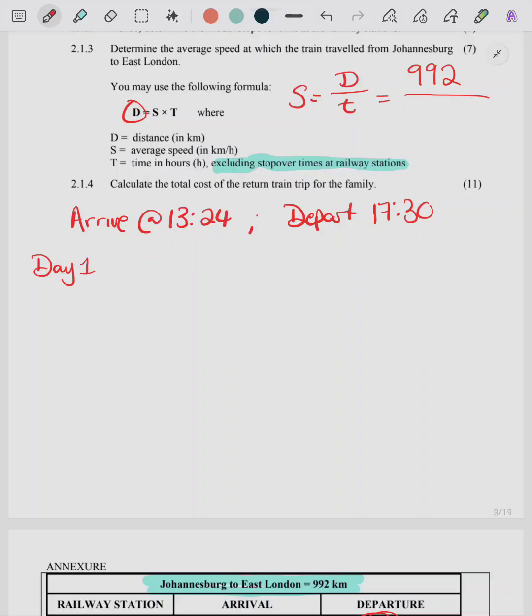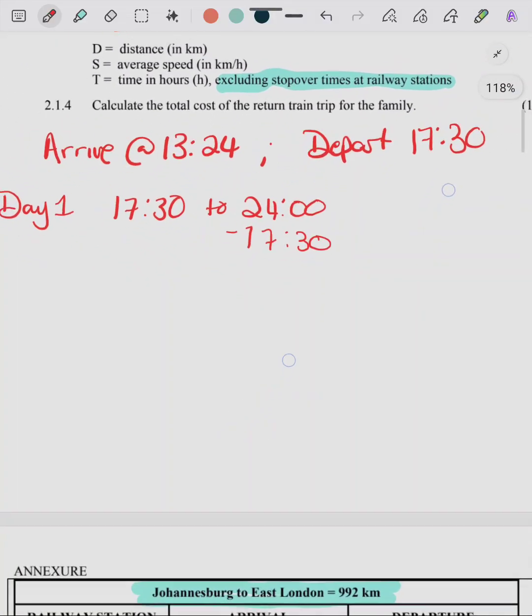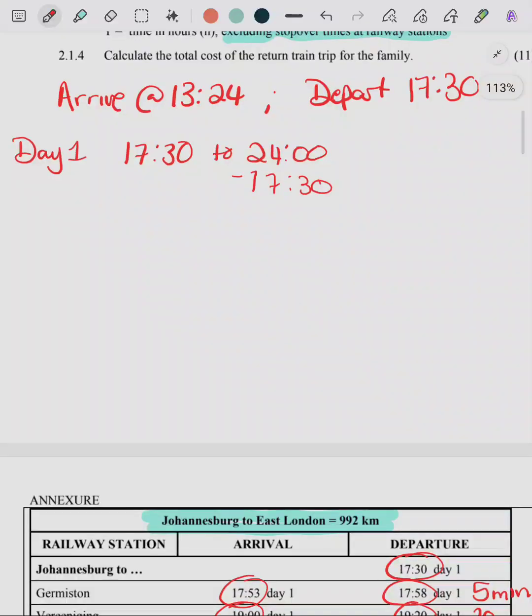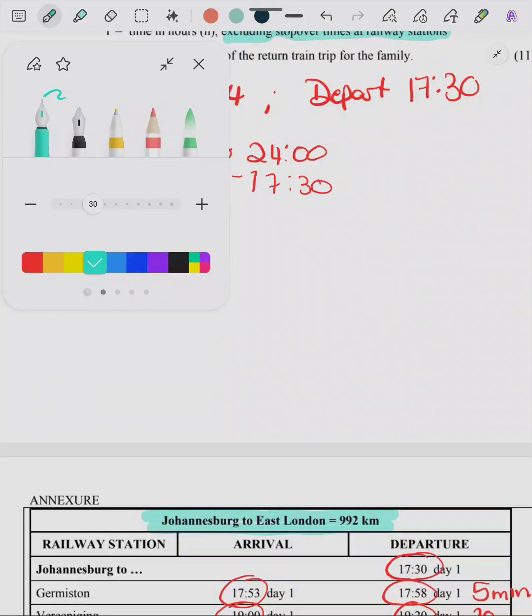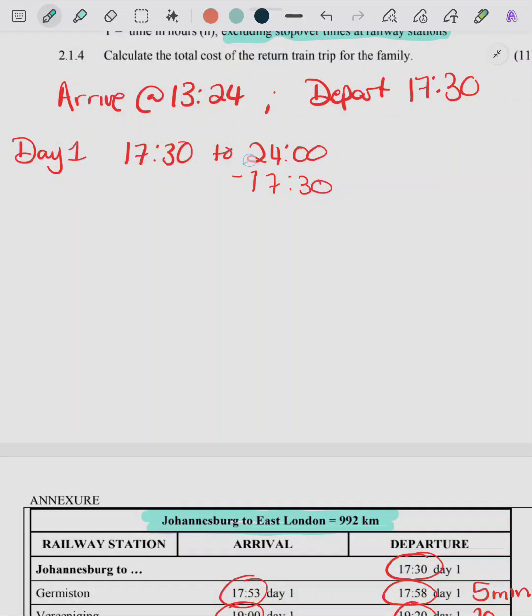Day 1 was going from 17:30 or 5:30 to midnight. Now midnight, I want you to think of as being 24 hours. It's the completion of 24 hours in that day. So I'm going to subtract 24 minus 17:30. We're going to do that same borrowing concept that we did before: I need to borrow an hour because I can't go 0 minus 30.